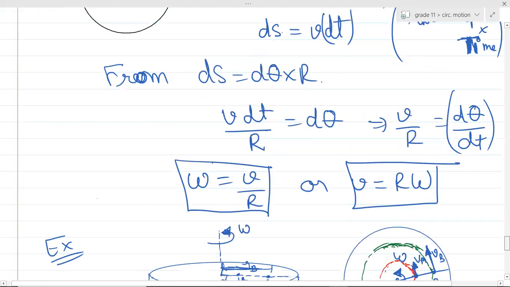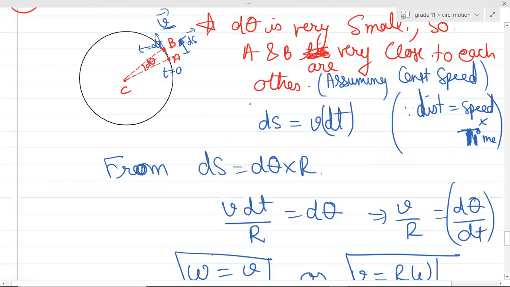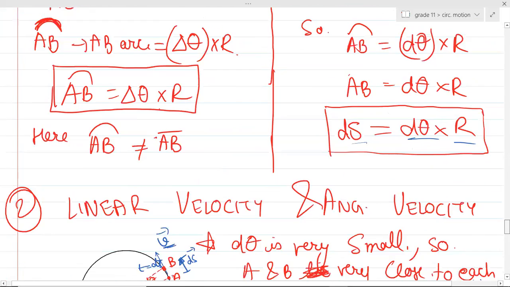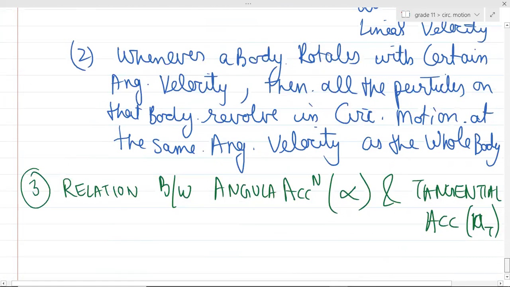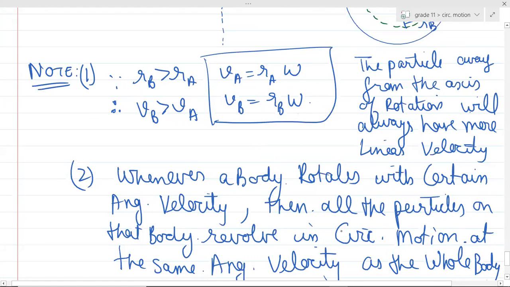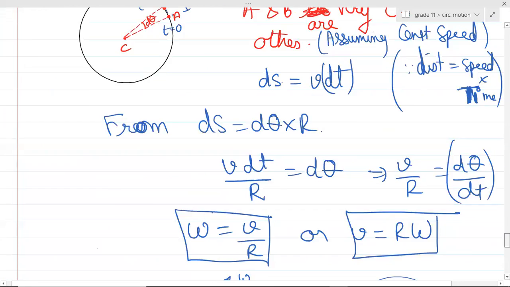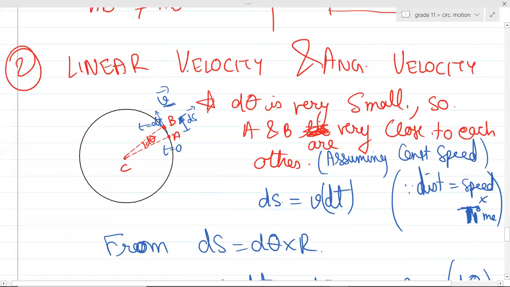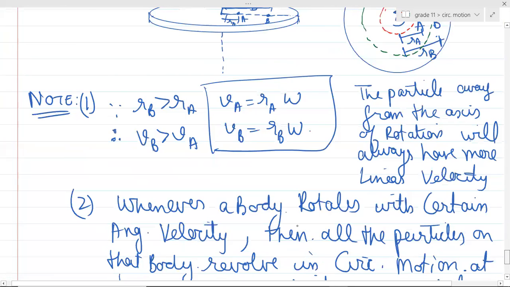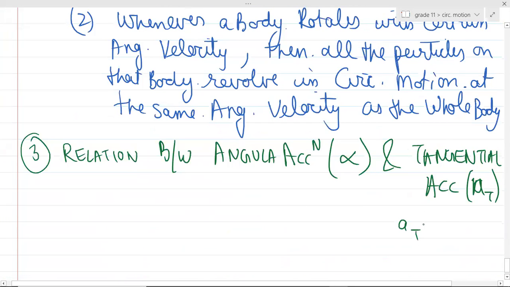For this, please leave about as much page space as you used for linear velocity and angular velocity. I need that much space again. You don't need to write all this. I'll just tell you the relation: AT is equal to R into alpha. As of now, just remember this. We'll come back to how to derive the relation between them.